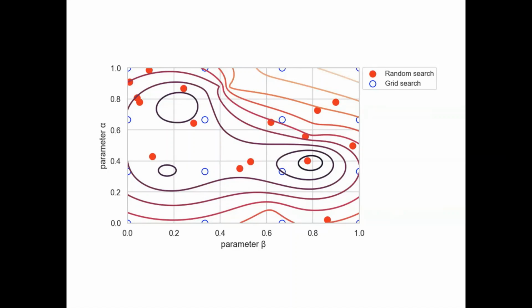If you plot all their possible combinations on a scatter plot, you can see that if there is one single point of optimum, and you're just doing grid search, which is the blue points in this representation, you can actually miss it because you are just testing at very specific, precise intervals.